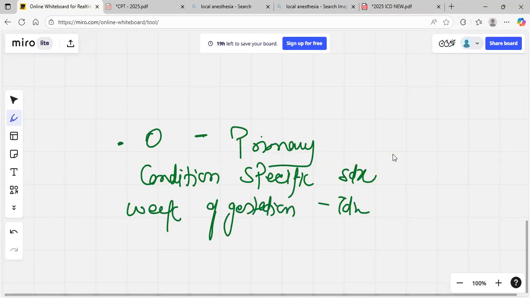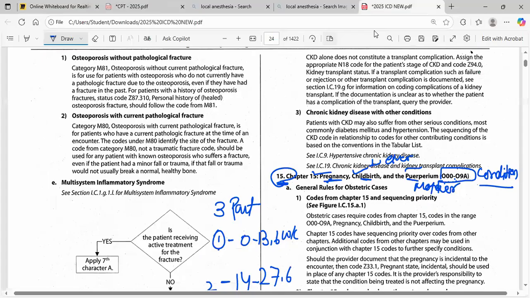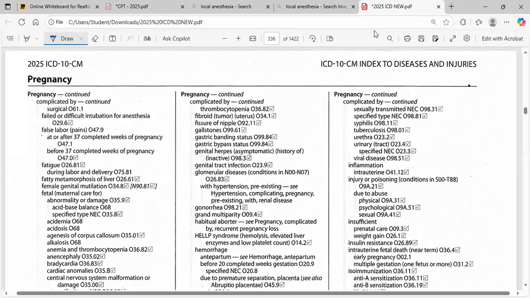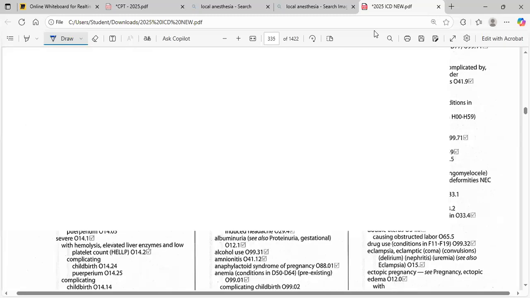So even if the patient has a pre-existing condition during the delivery, let's say the patient has type 1 diabetes, which is complicating her pregnancy, first you have to refer to pregnancy in the index. For any condition occurring during pregnancy, you have to refer to pregnancy in the index only. Once you reach pregnancy, then you have to look for the complication.